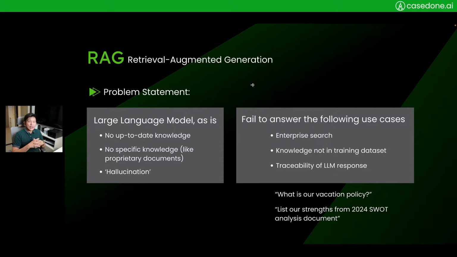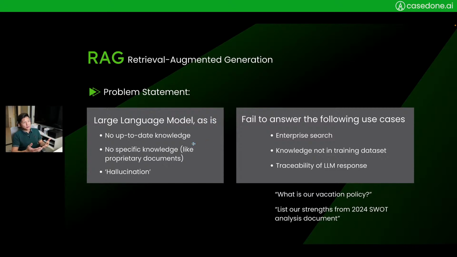If we use a large language model as is, meaning that we use it after it's been trained and we no longer train it further, what we are facing is that it will not have up-to-date knowledge. If you recall last year when GPT came out, it was trained only up to the year 2021, right? That's because the model is used as is, in a frozen state. So it will not have up-to-date knowledge.